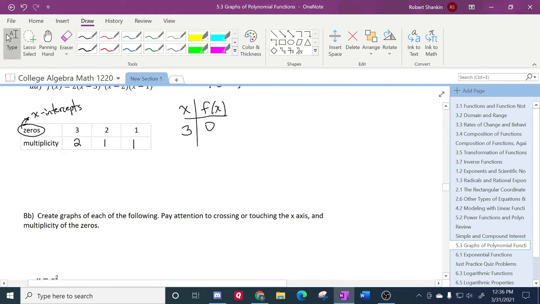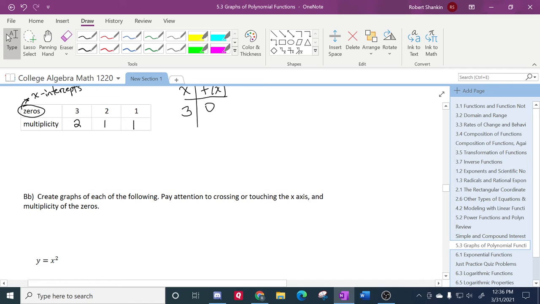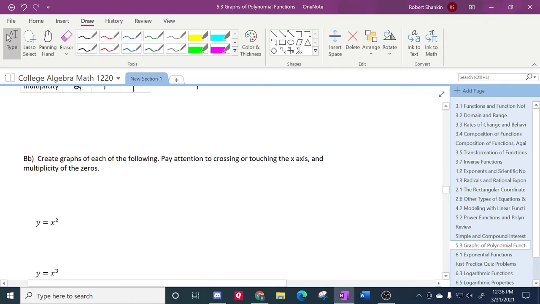And now we're going to create graphs of each of the following. And we're going to pay attention to whether they touch or cross the x-axis and the multiplicity of the 0. Alright, now these are the very simplest possible functions.